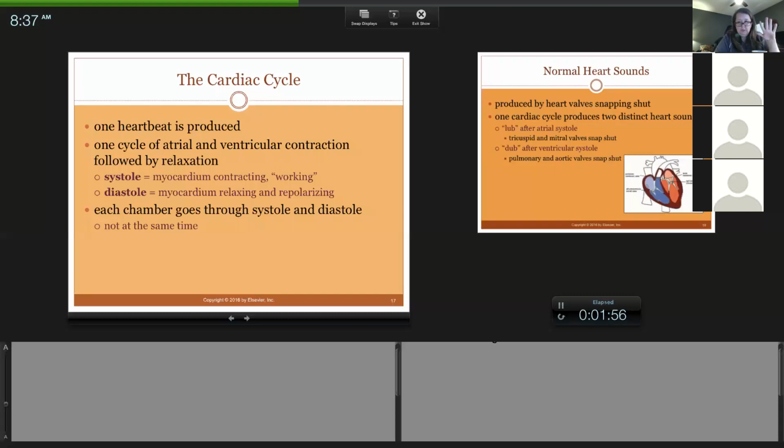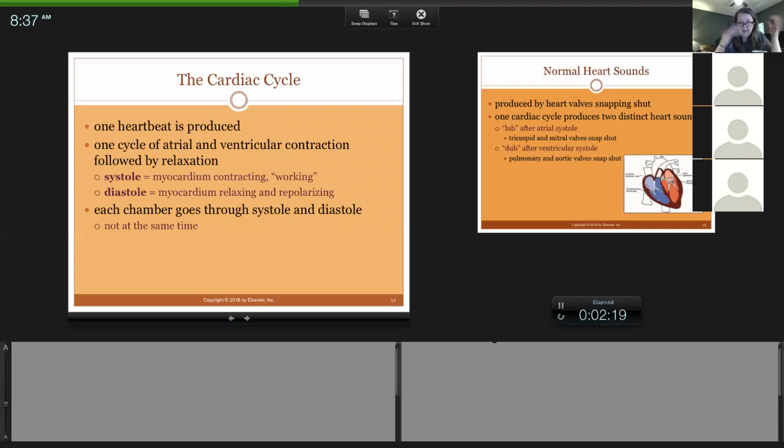So two words that you need to know that are on this slide are systole and diastole. Systole is the myocardium actually contracting, okay? When it squeezes, that is systole, that is systolic contraction. Diastole is when the myocardium relaxes and it's repolarizing.